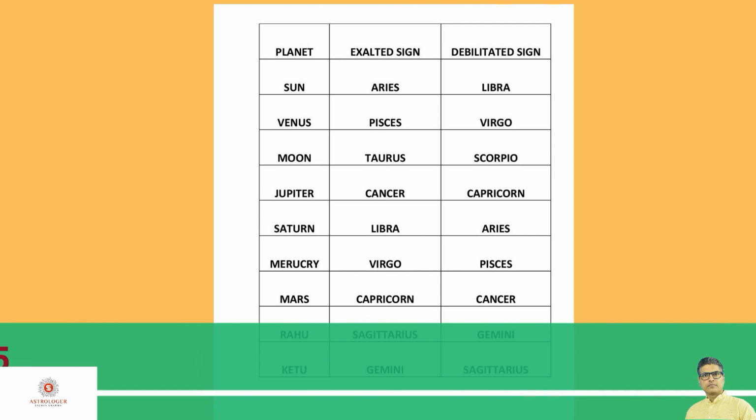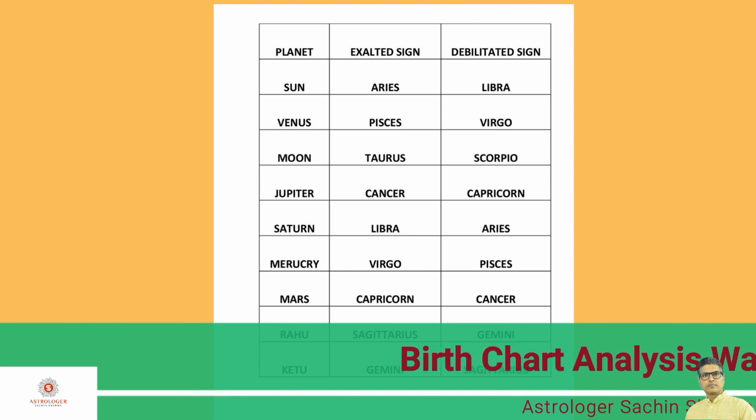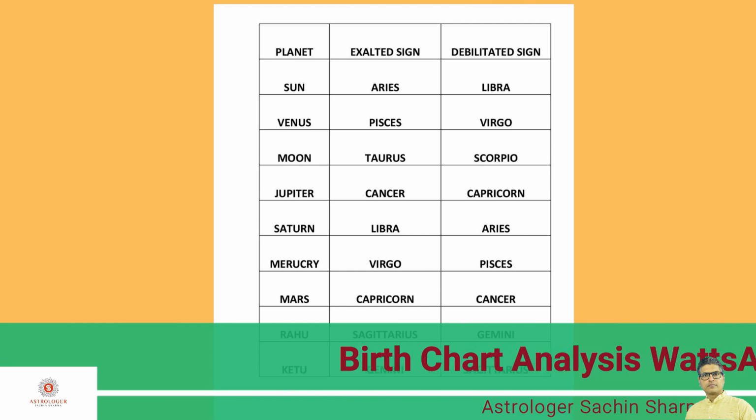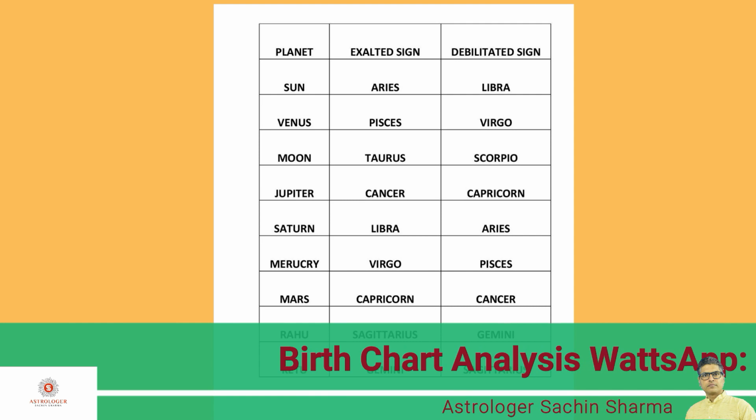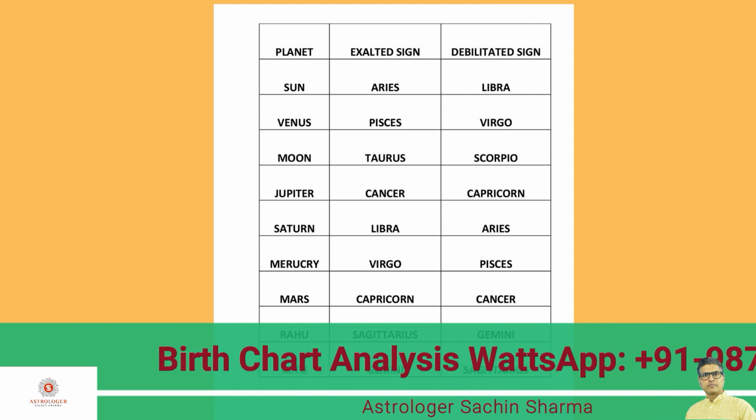So here I am going to teach you a very shortcut method to learn exalted sign and debilitated sign. The first thing you have to do is just learn the exalted signs only. So let's do our quick technique of how we will find the debilitated sign by using the exalted sign.